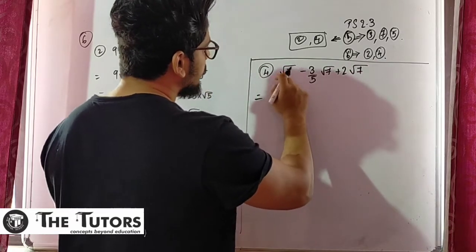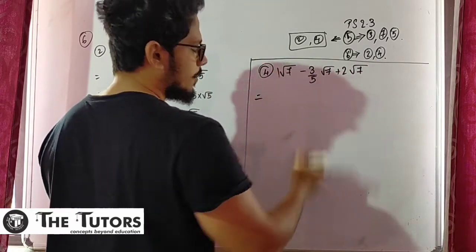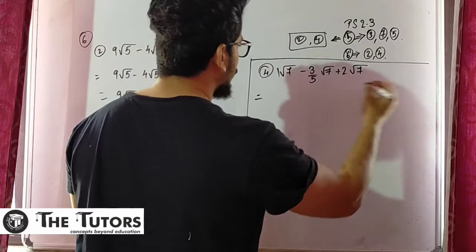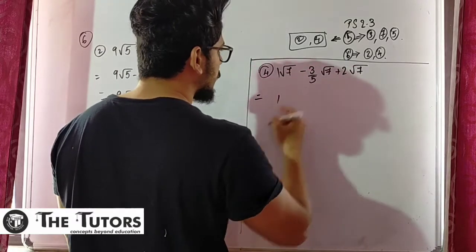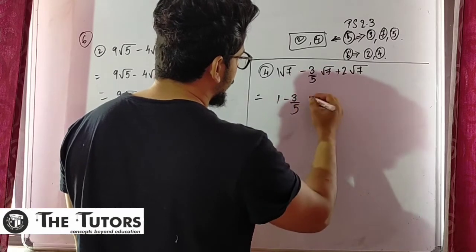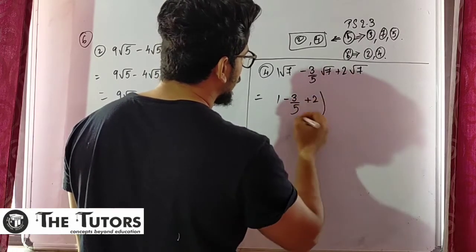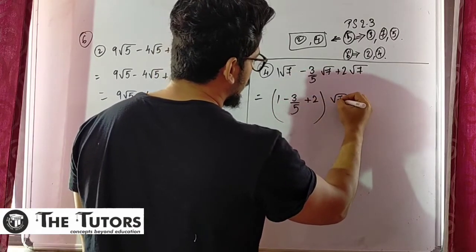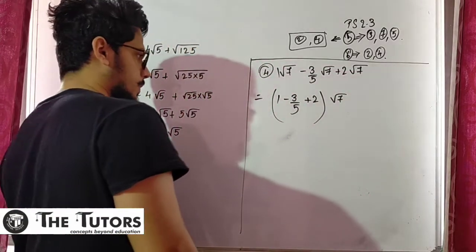When you have nothing with root 7, what do you have? 1. You take root 7 कॉमन, यहाँ पे सिर्फ आएगा 1, यहाँ से आएगा माइनस 3/5 एंड यहाँ से आएगा प्लस 2 रूट 7.